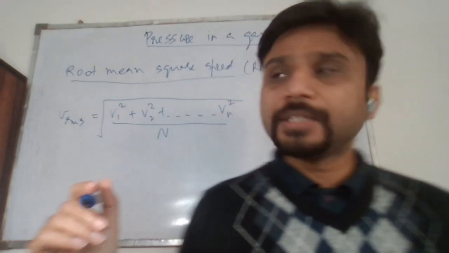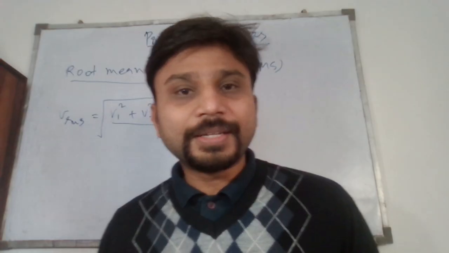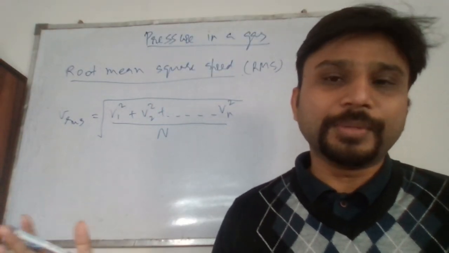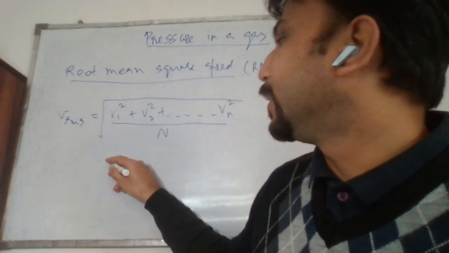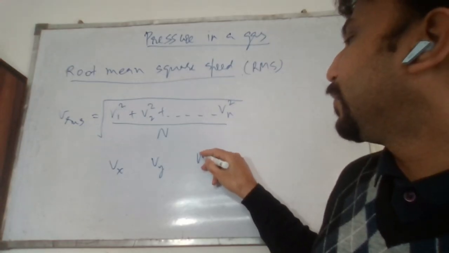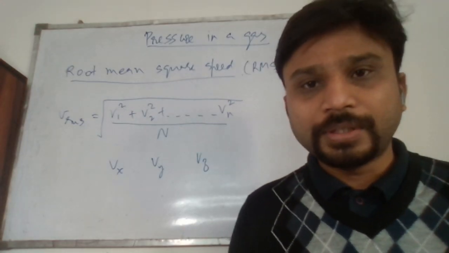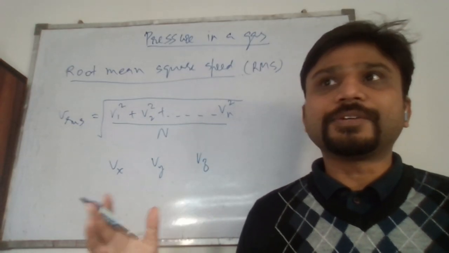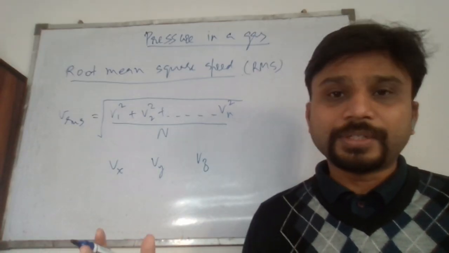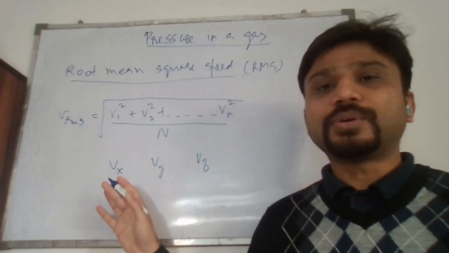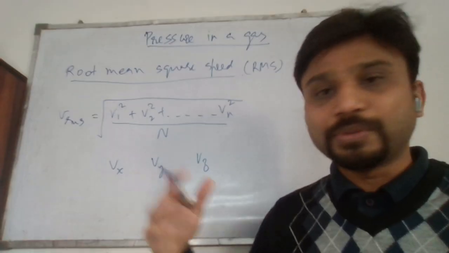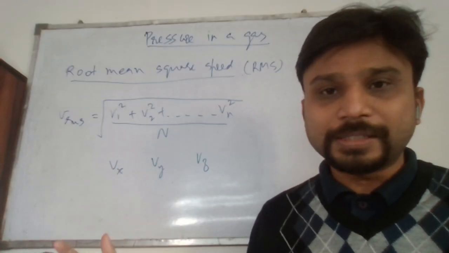Next, if I take a particle, it has speed in x, y, and z direction, since I am taking three dimensions. We took the assumption that the distribution of the speeds of the particles in x, y, and z direction would be the same for all the particles.